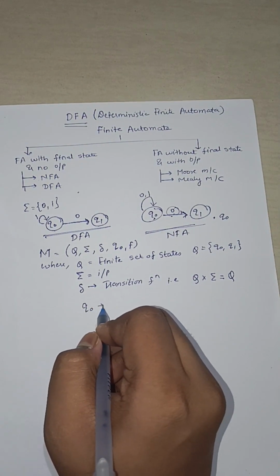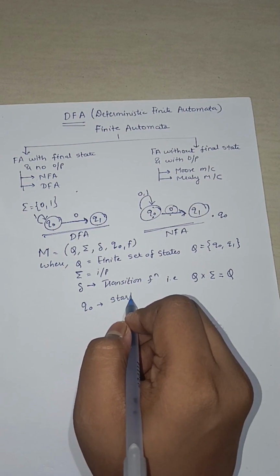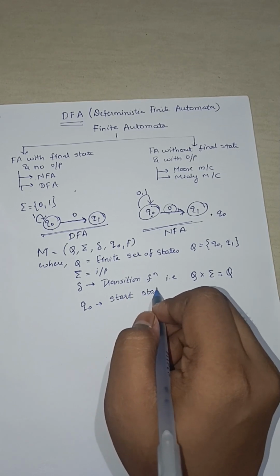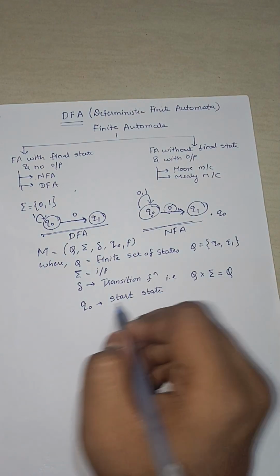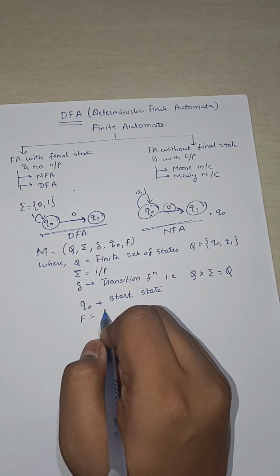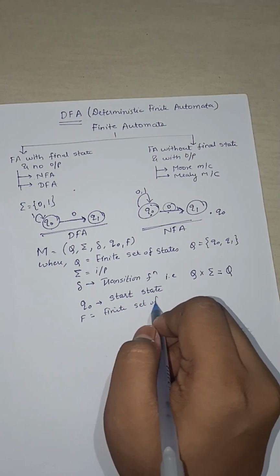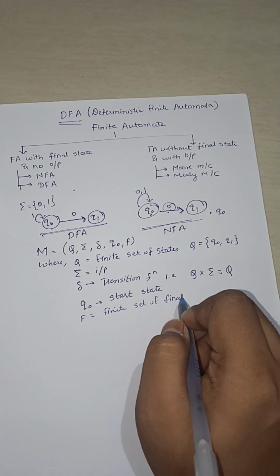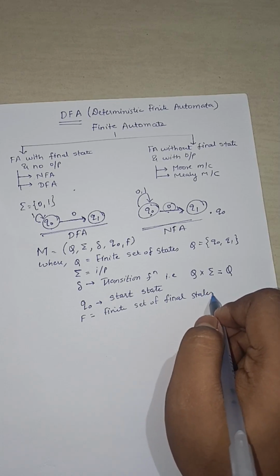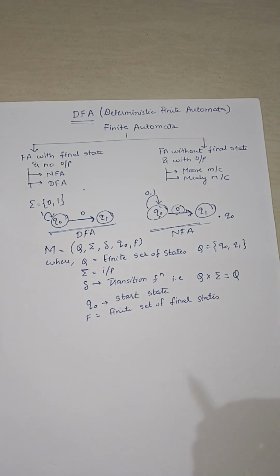Q naught is the start state and F is the finite set of final states. This is the mathematical equation.